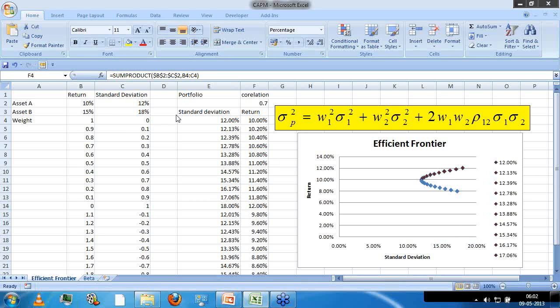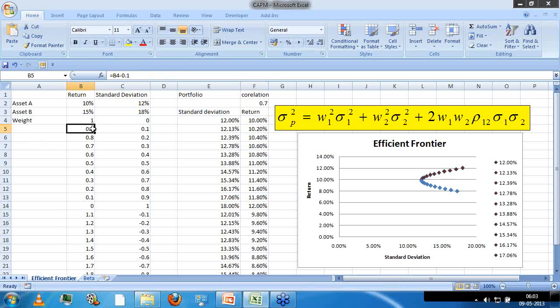I'm going to continue. So what I was talking about is how to calculate the return and the standard deviation of a portfolio when the return of the individual assets and their corresponding weights are given. So in this case, as you can see, the weight of asset A and asset B is given.